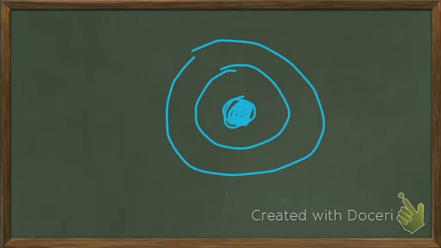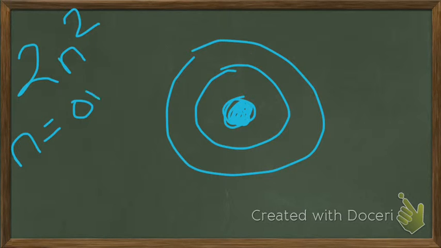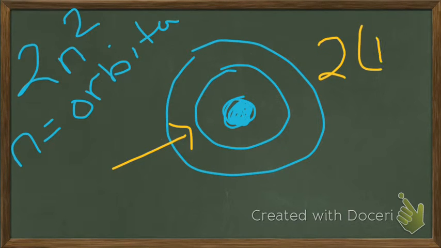Now, I know you're asking, how do you get these orbitals? That is from this little equation, 2n squared, where n equals the orbital number. For example, our first orbital is going to be 2 times 1 squared, which equals 2.